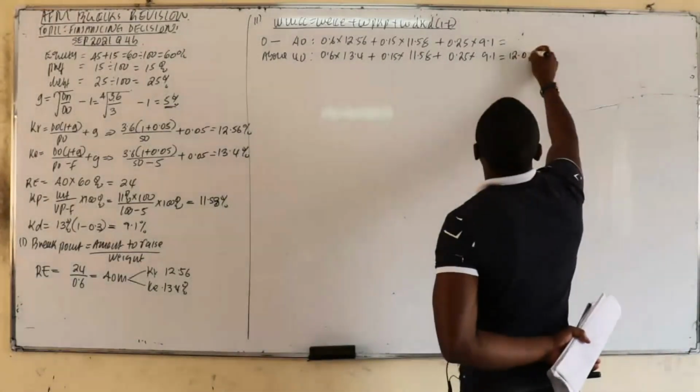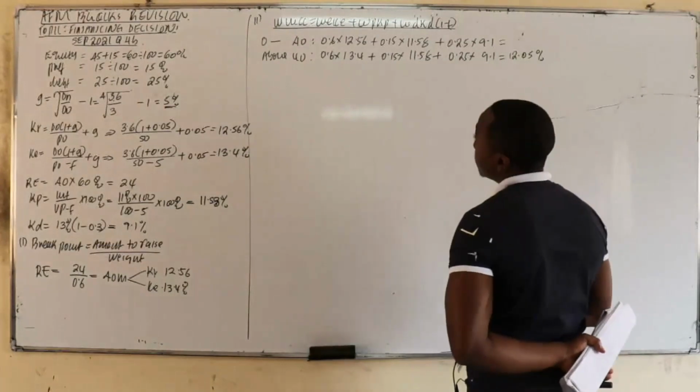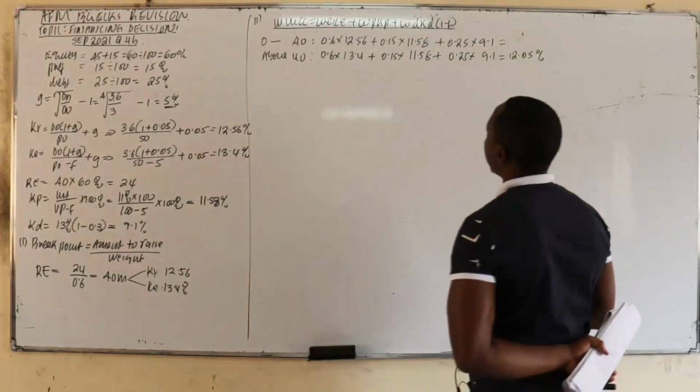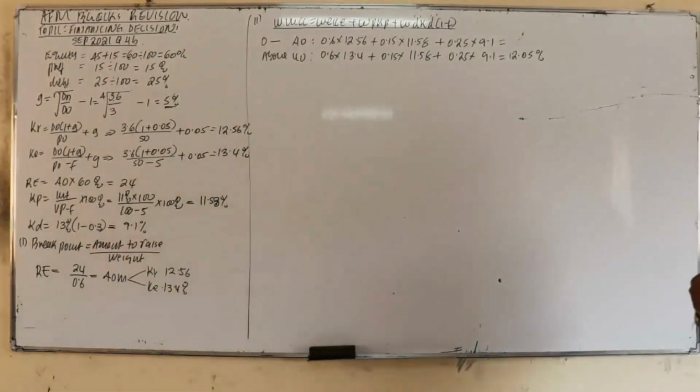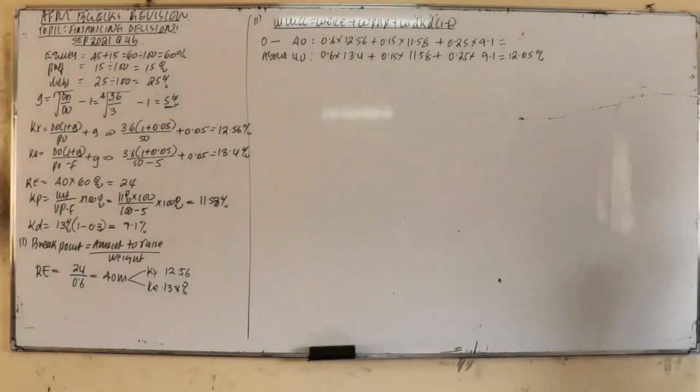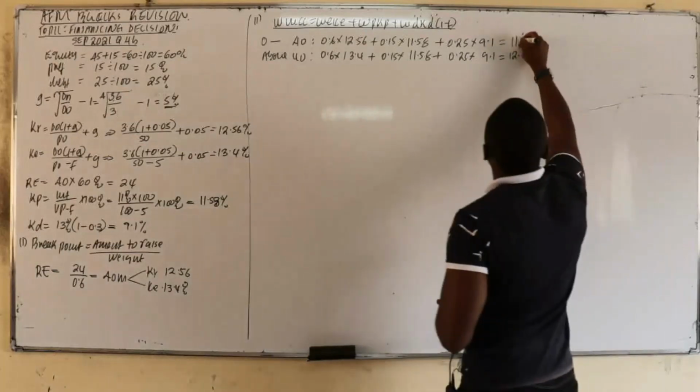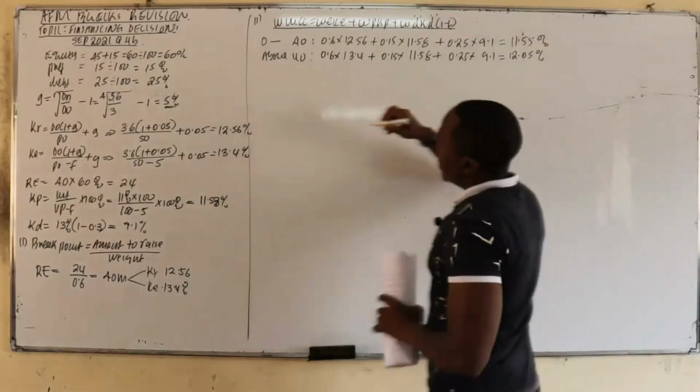We have 12.05 for the upper interval, and 11.55 for the lower interval.